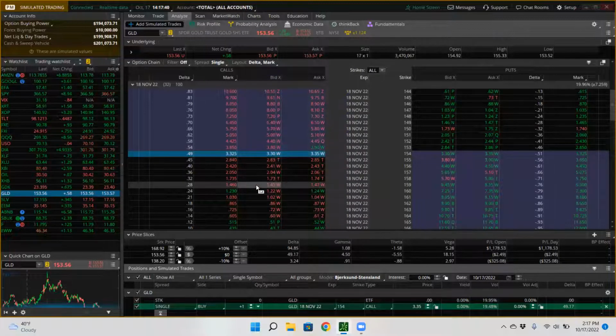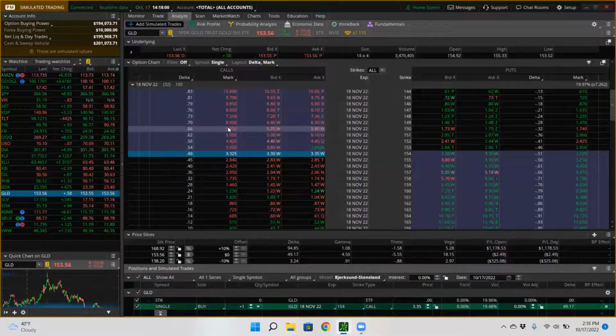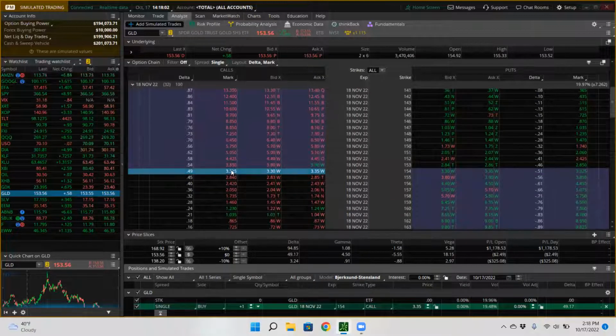As an option buyer, we are always looking for the valuation of our contract to increase. That's how we make our money, by the value increasing. So as the underlying increases on the call side and starts driving down, that will make this number bigger and bigger, and it will continue to increase. That's where we make our money.